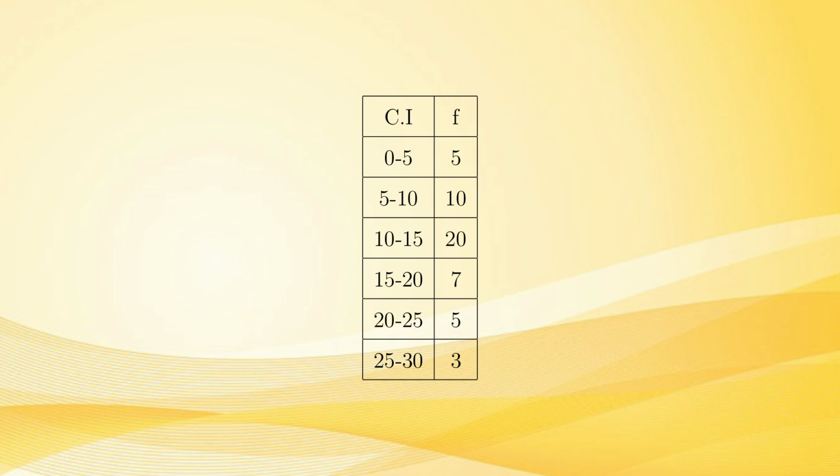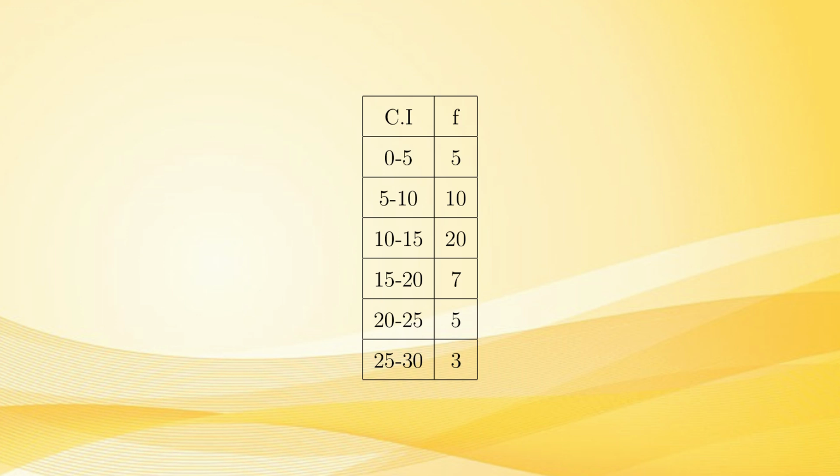As the maximum width is 5, let us combine the classes with width less than 5 to make them of equal class intervals. Combining the class intervals, the new classes would be 0 to 5, 5 to 10, 10 to 15, 15 to 20, 20 to 25, 25 to 30.